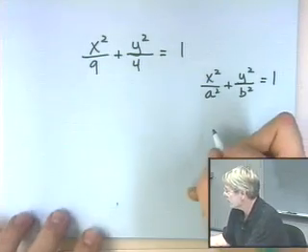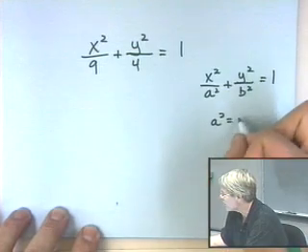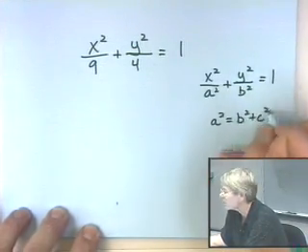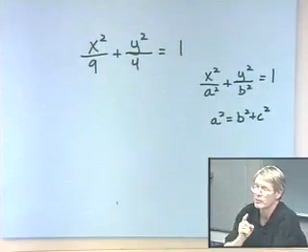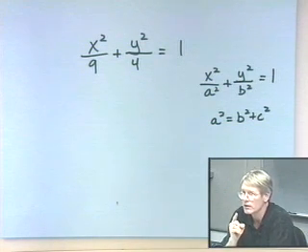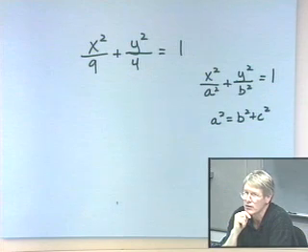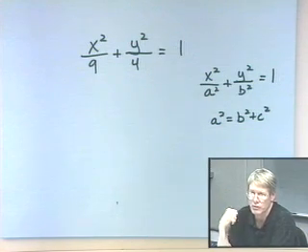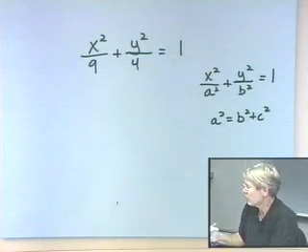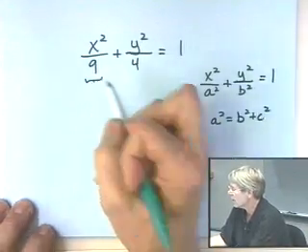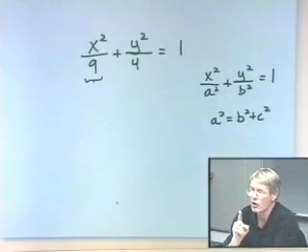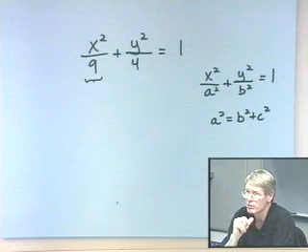Was it a squared equals b squared plus c squared, right? So let me ask that question again. Are we assured of the fact that a is a larger number than b? Yes, it is. It's got to be because of this Pythagorean identity. So when you look at this and you identify the larger denominator, that's got to be a squared.